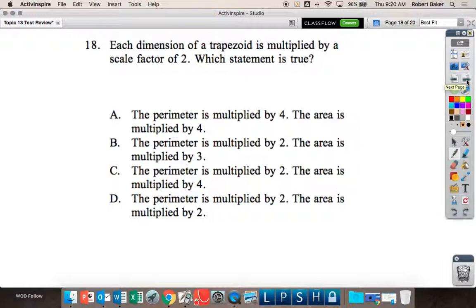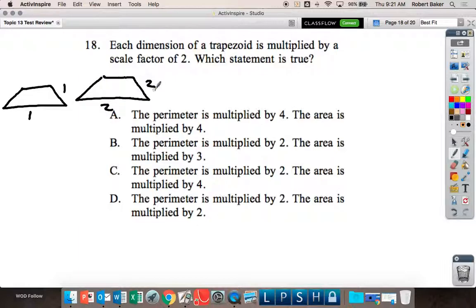The dimensions of each trapezoid is multiplied by a scale factor of 2. Which statement is true? Let's see. 2 trapezoids. So if we set up a scale factor, it would be 1 over 2. 1 over 2 and 1 over 4.